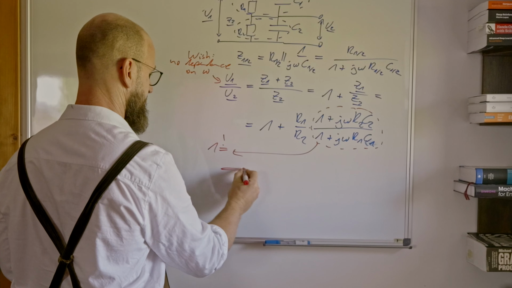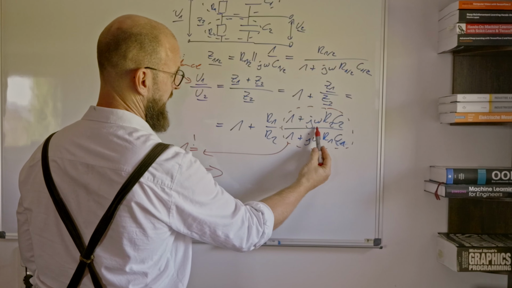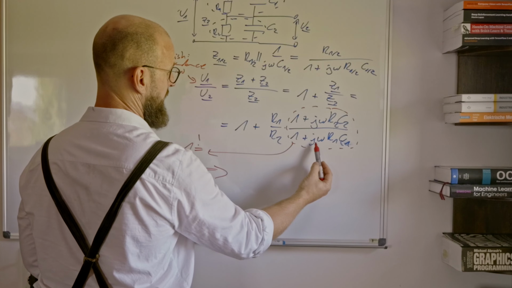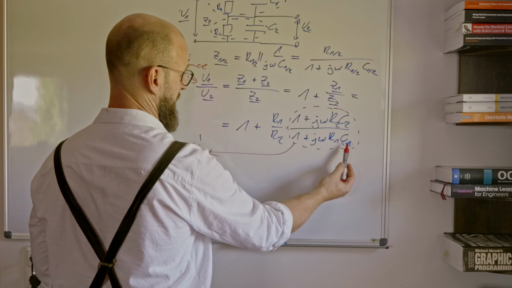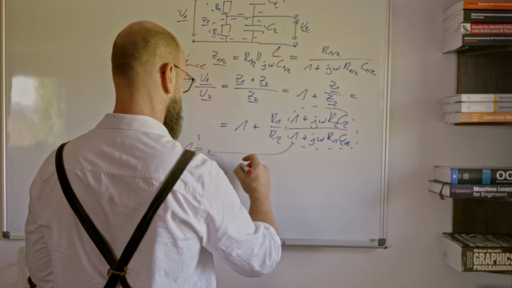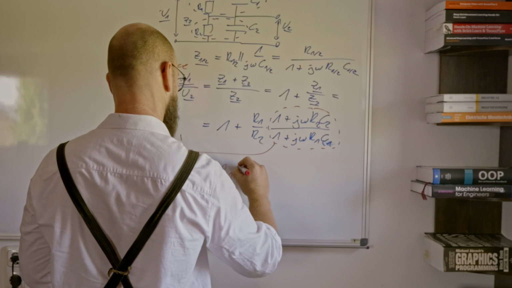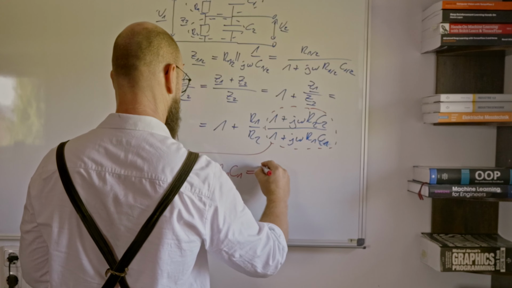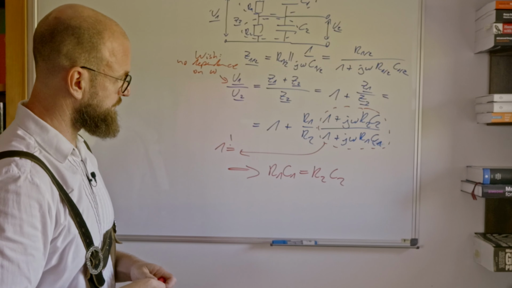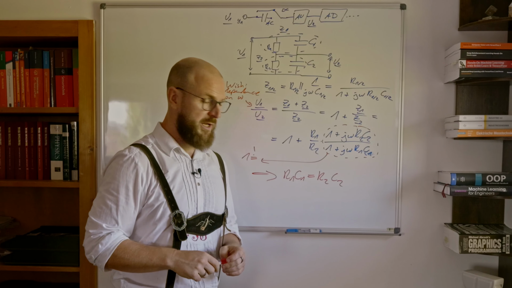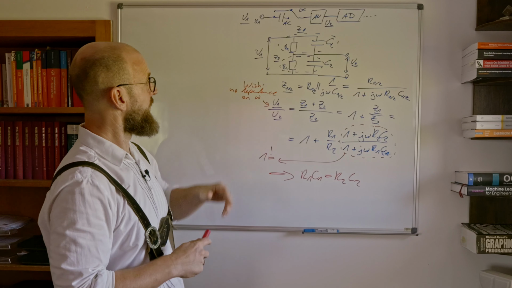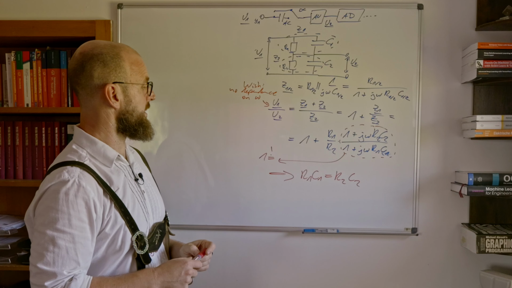And that means, looking at numerator and denominator, j omega R2 C2 has to equal j omega R1 C1. Then numerator and denominator are the same. That means R1 C1 has to equal R2 C2. The product of ohmic resistance and capacitance has to be equal for both complex resistances.